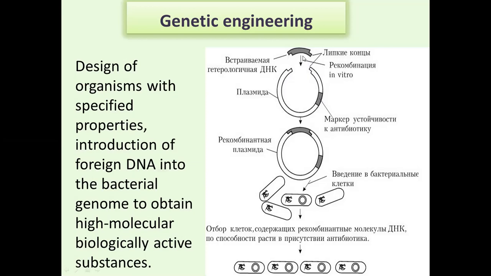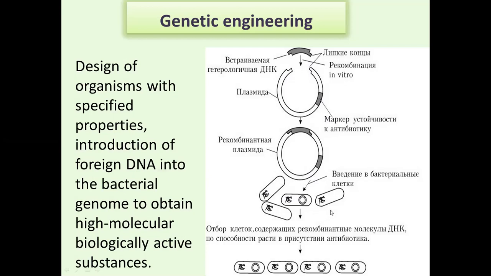And we insert the human gene into this plasmid. Then using the enzyme DNA-dependent DNA polymerase, we obtain many copies of this plasmid and mix it with bacterial culture. And some bacteria become recipient and then take this plasmid from the nutrition media.